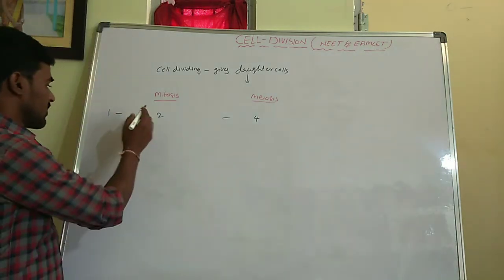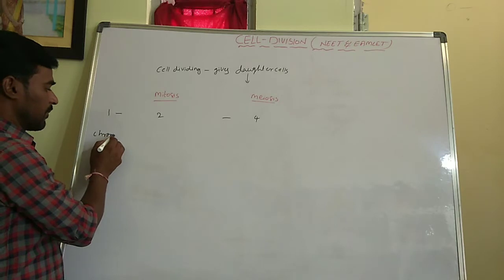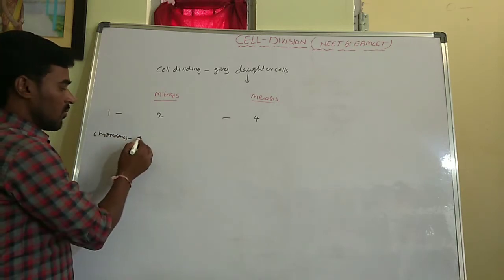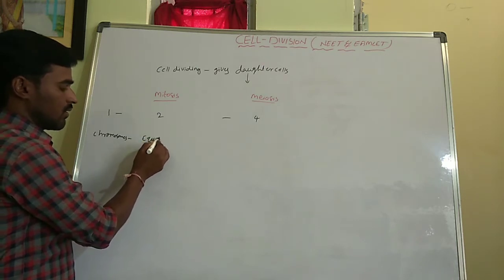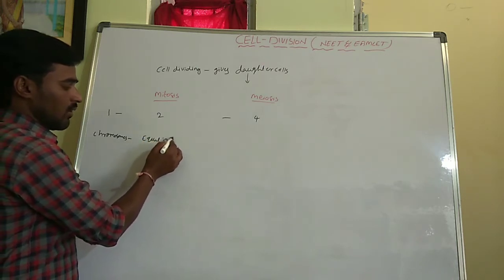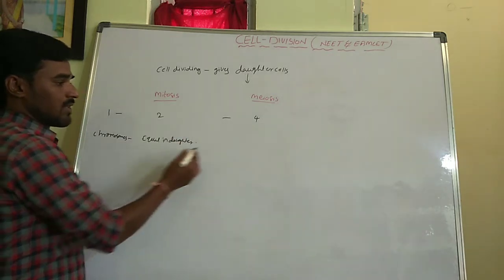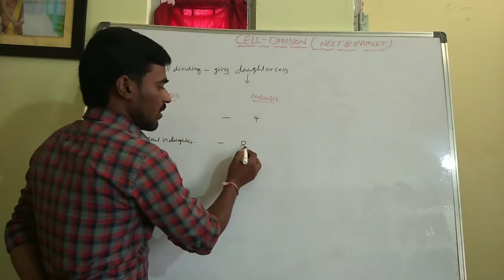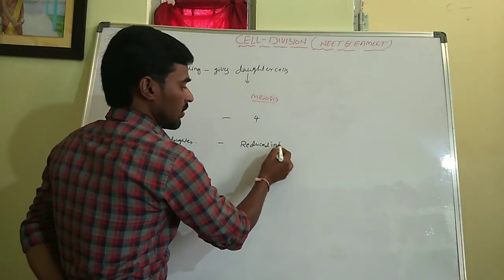The second point is the chromosome property. The chromosome number is equal in the daughter cells in mitosis division, whereas in meiosis division it is reduced into half.